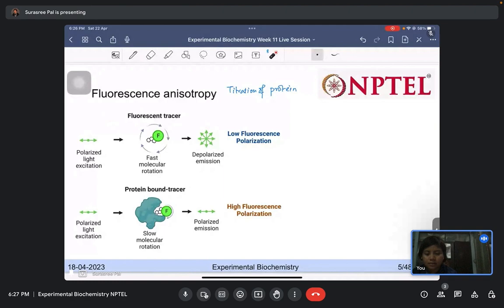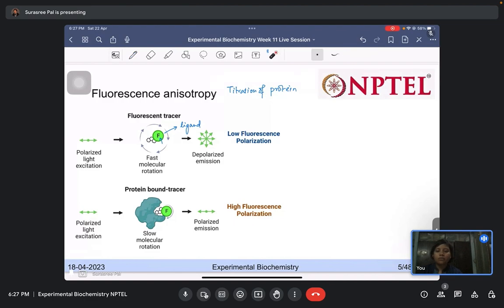So this is the ligand, having a fluorescent label on it. And when we pass polarized light through this ligand, which is a small molecule, it will have rotational diffusion in the solution, right? It will rotate very fast in the solution.